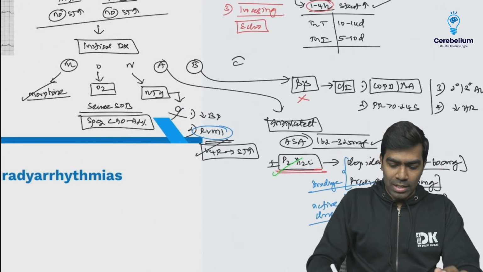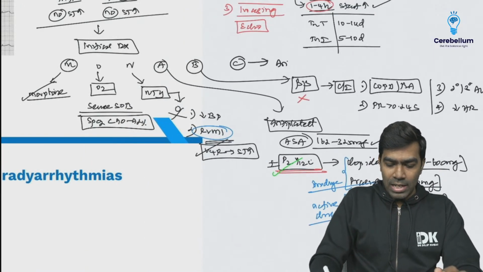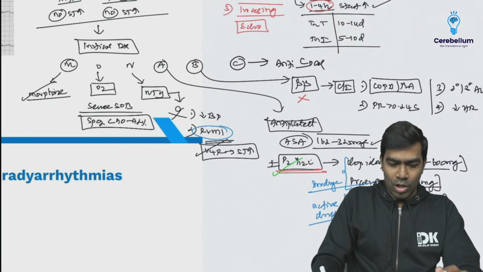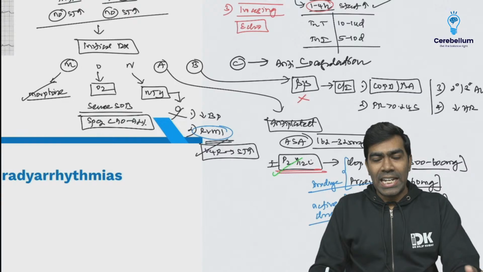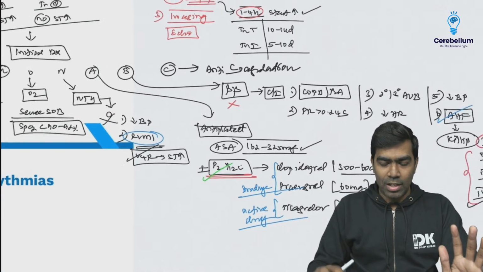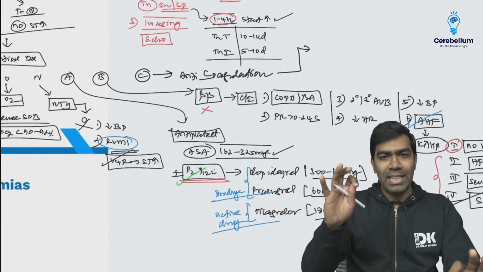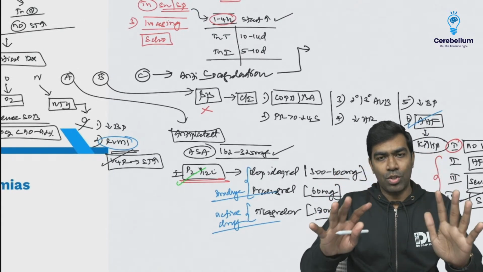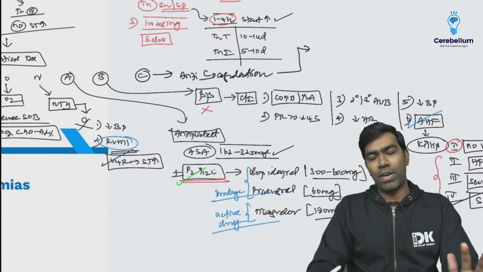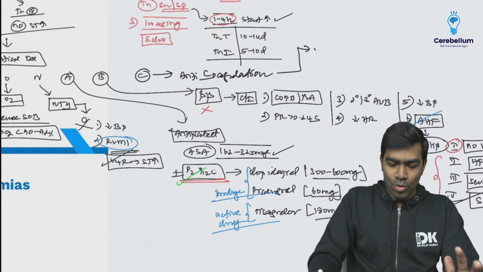And what about C? C stands for anticoagulants, which are very commonly used in the setting of an acute coronary syndrome. Anticoagulation. So what anticoagulants are available? In the setting of ACS, we are not going to use oral drugs like warfarin. You are going to use only parenteral drugs.